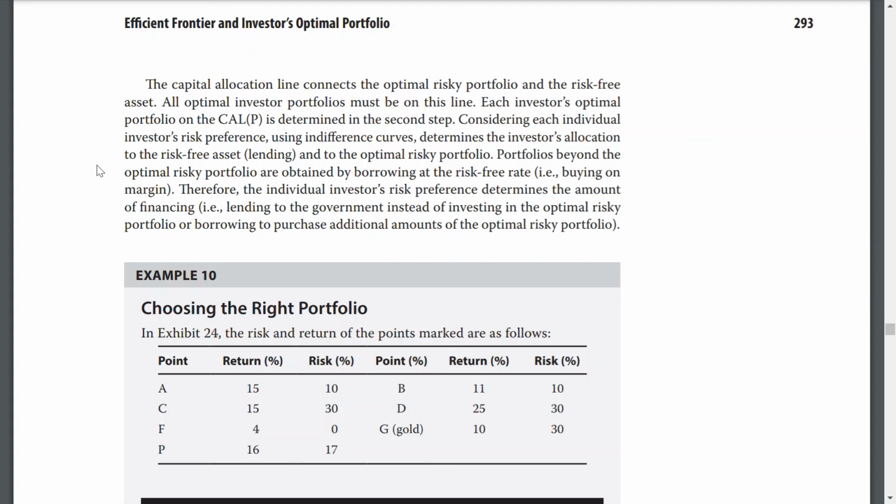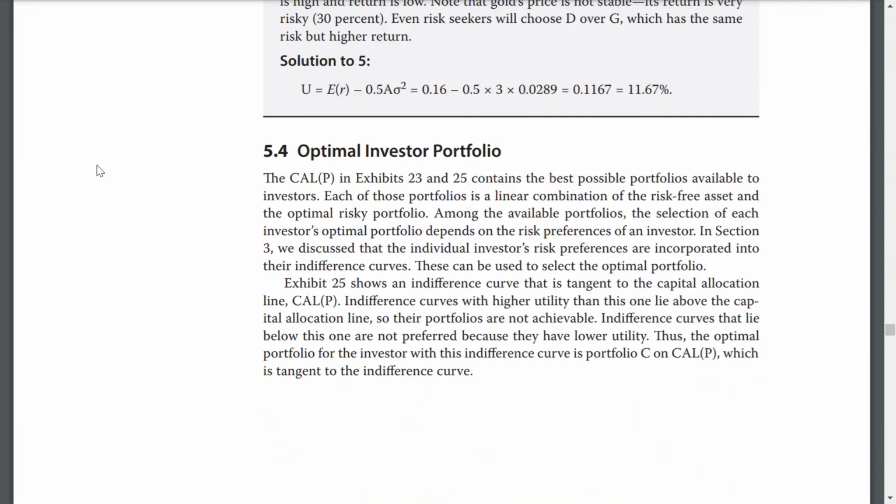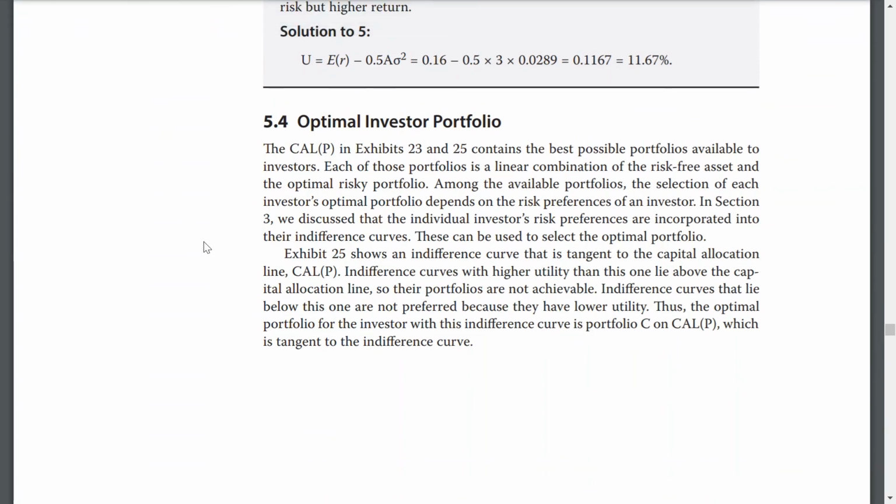Therefore, the individual investor's risk preference determines the amount of financing. The CAL P in Exhibits 23 to 25 contains the best possible portfolios available to investors. Each of these portfolios is a linear combination of the risk-free asset and the optimal risky portfolio. Among the available portfolios, the selection of each investor's optimal portfolio depends on the risk preference of the investor.